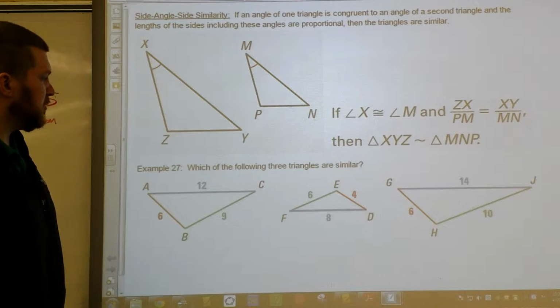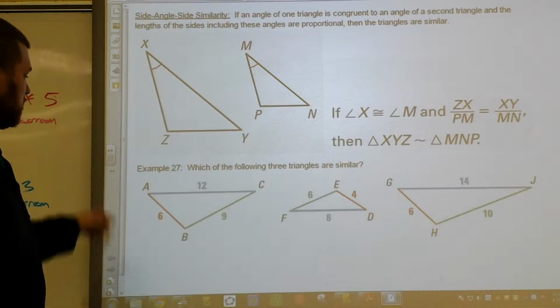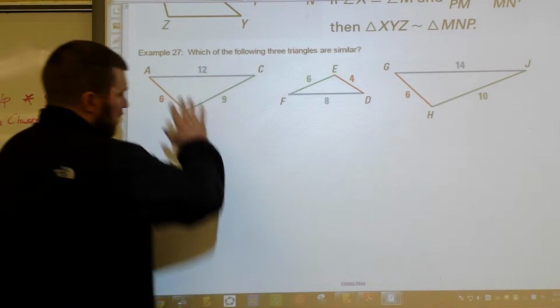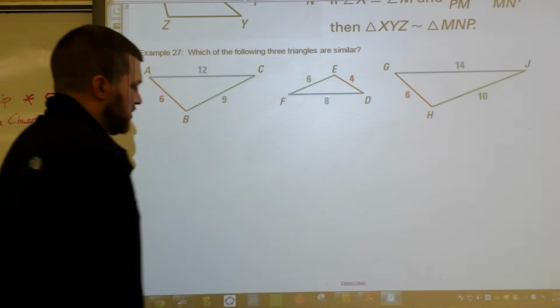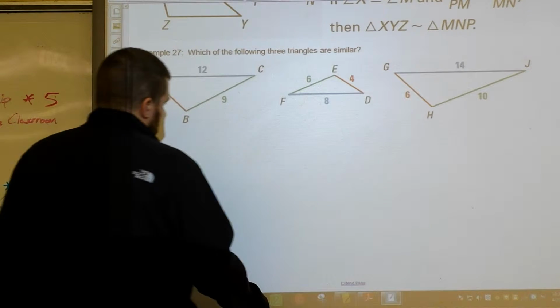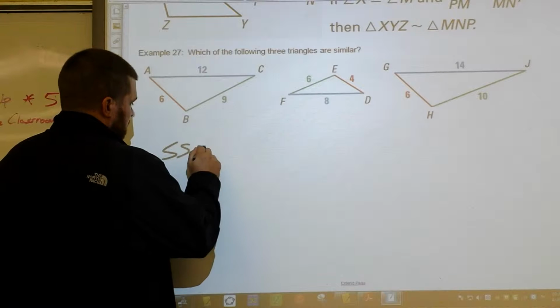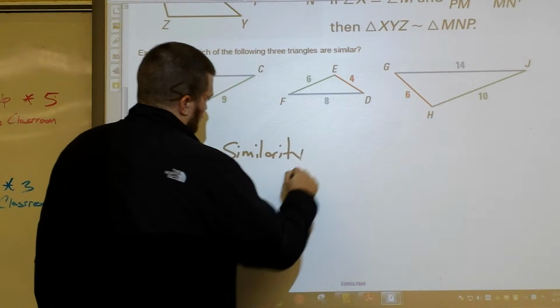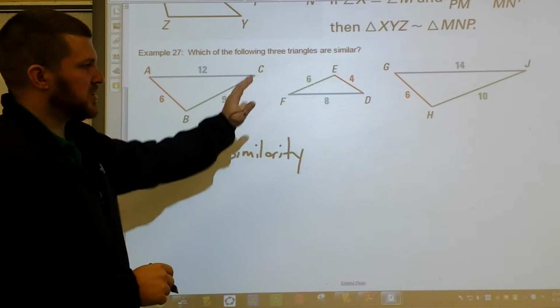In example 27, we want to know which of the following three triangles are similar. Luckily everything's color-coded, so we can set up side-side-side similarity. We said corresponding sides have to be proportional.